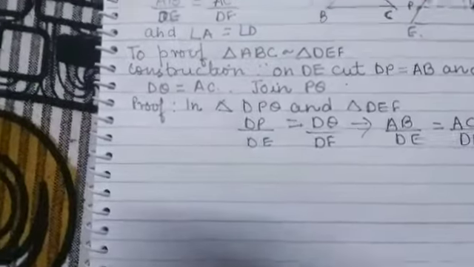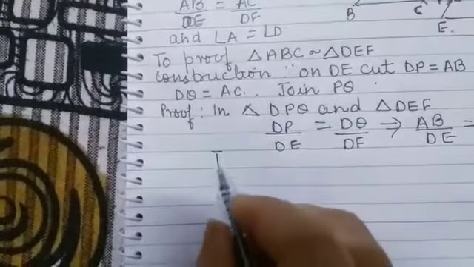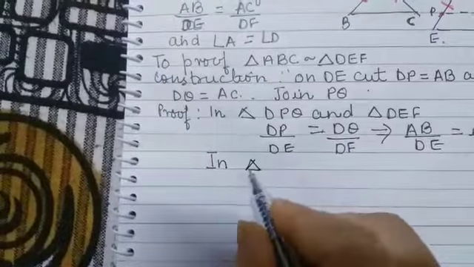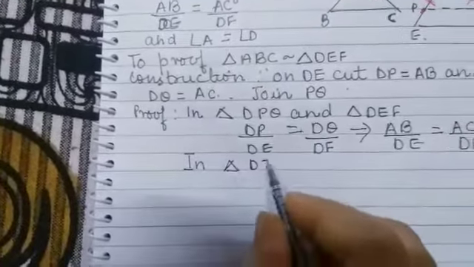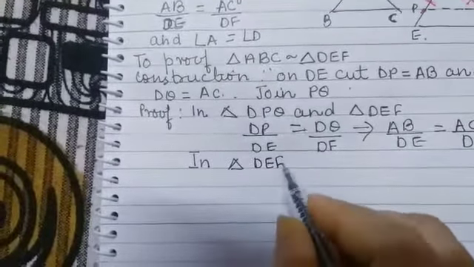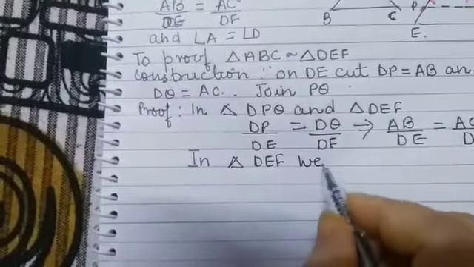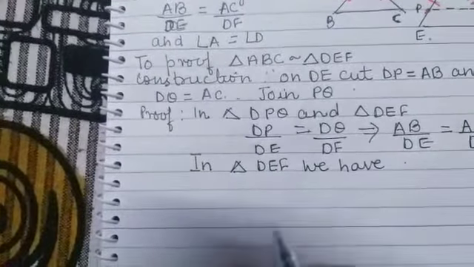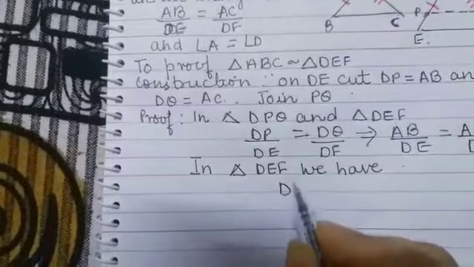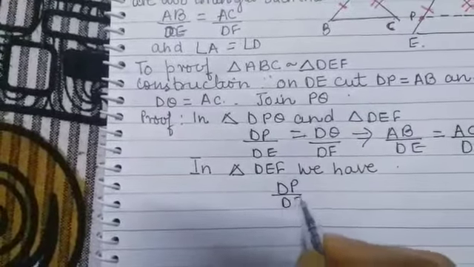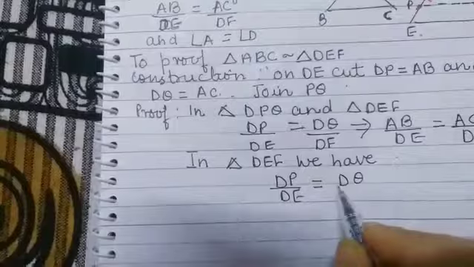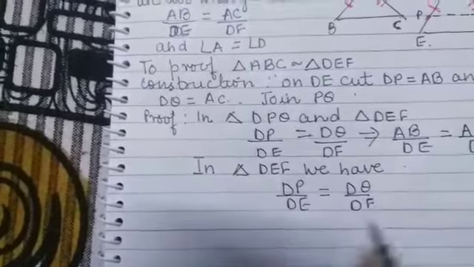Right. Now, in triangle DEF, we have DP upon DE is equal to DQ upon DF. So what does it mean?